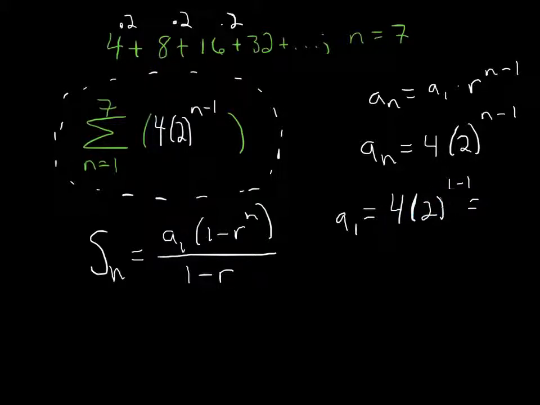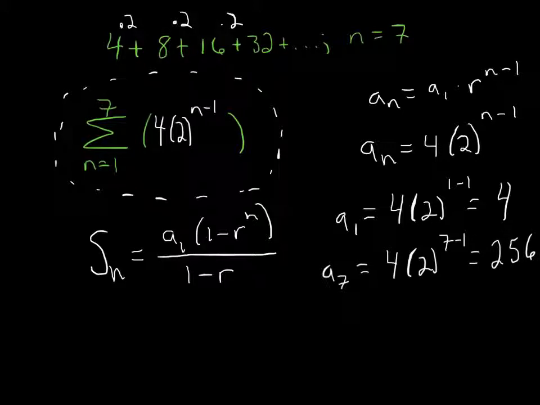So it'd be 4 times 1, which would give me 4. Then use the upper limit, a sub 7. We replace the n with a 7 now. 7 minus 1 is 6. 2 to the power of 6 is 64, times 4 gives me 256. So that's the first and the last term of the series, 4 and then 256.